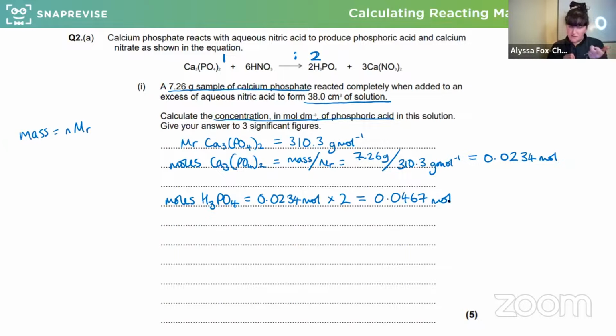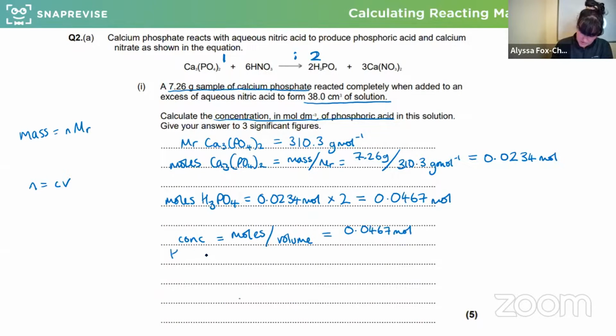Now I've got moles, and been given a volume already earlier in the question. So n equals cV. Concentration, if I rearrange that, is equal to moles divided by volume, as long as they are in corresponding units. My moles are 0.0467. I just calculated that.